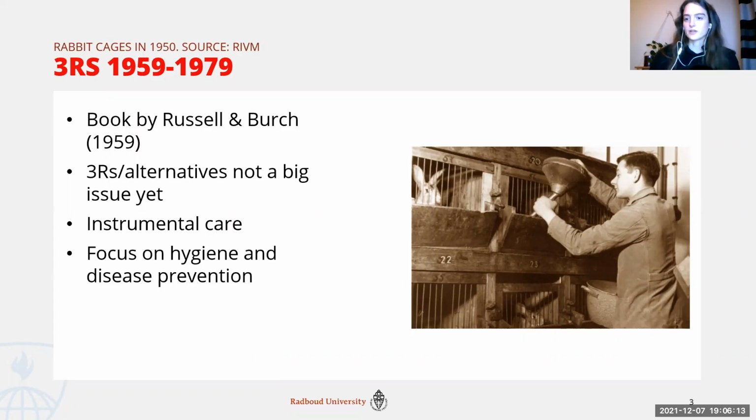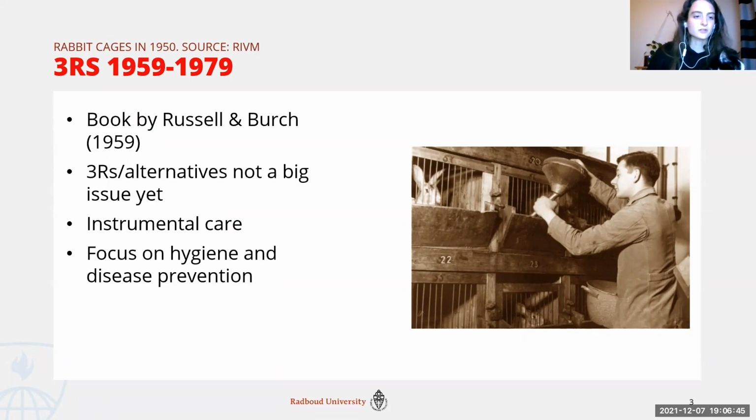And of course, already a bit earlier in the 20th century, you have the idea of standardization and trying to control the breeding of animals to get as much control over the research instrument as possible. But it's very much an instrumental perspective of getting the best scientific results, and also a financial perspective, because if a lot of your animals die from unknown diseases, then of course that's also an economic loss.